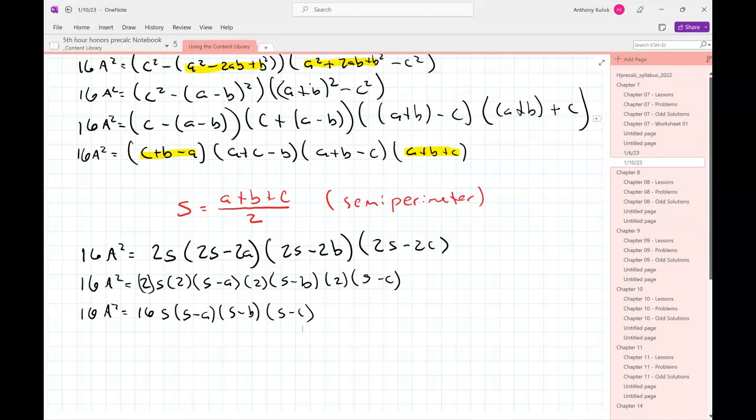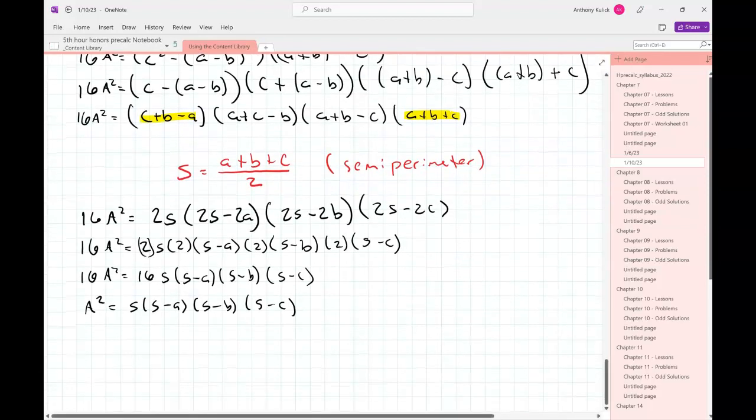We'll divide both sides by 16. And then to get just area, we square root both sides.